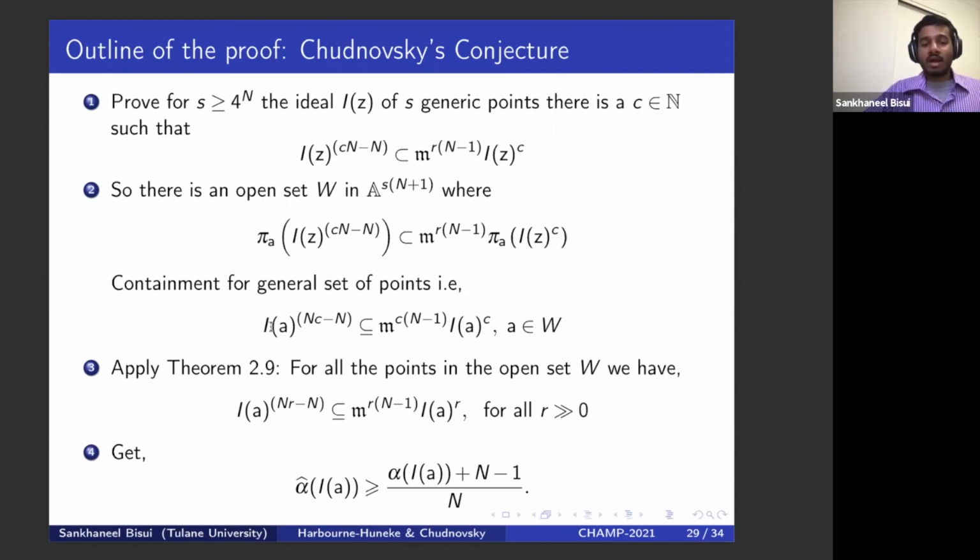Now we know that one containment will imply the stable containment, so from here we can get the appropriate stable containment for all those points inside the open set. Then from there, we can prove that the Waldschmidt constant for all those ideals defining those points is going to be at least the initial degree of the ideal plus n minus 1 over n, meaning we will get Chudnovsky's conjecture.